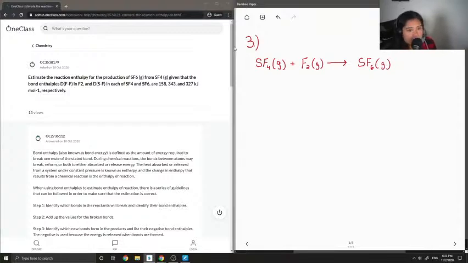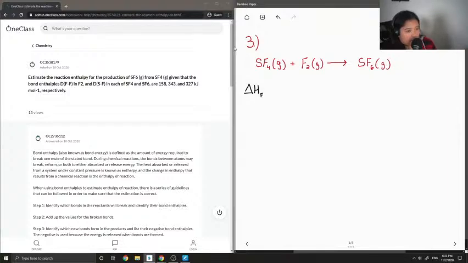So now I'm just going to write down all of the different enthalpy values that they gave us in the question. So the symbol for enthalpy is delta H, and they give us the bond enthalpies.